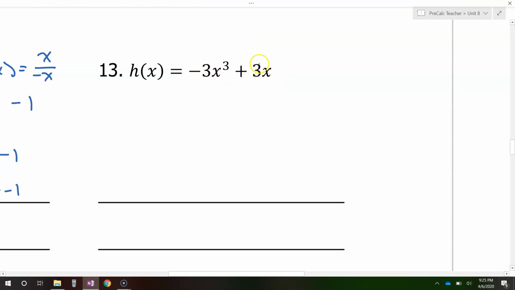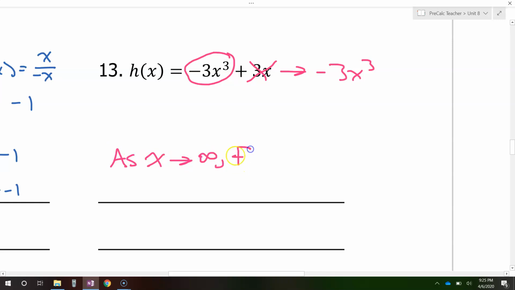Okay, so again, only the highest degree is going to matter. So this is the highest degree term, and this term is going to become insignificant. So towards the ends, the function is going to approach negative 3x to the third power. So we can just focus on the end behavior of this. Well, as x approaches positive infinity, what happens?